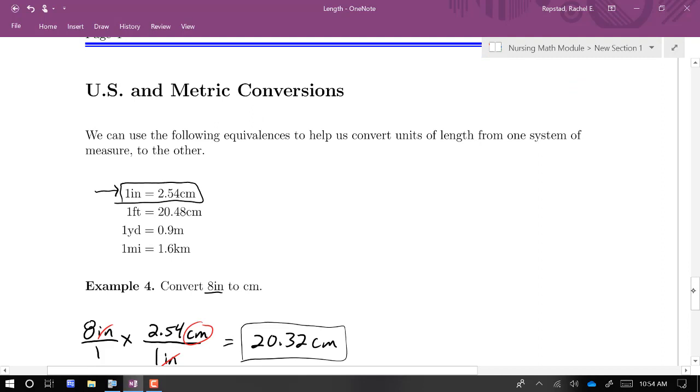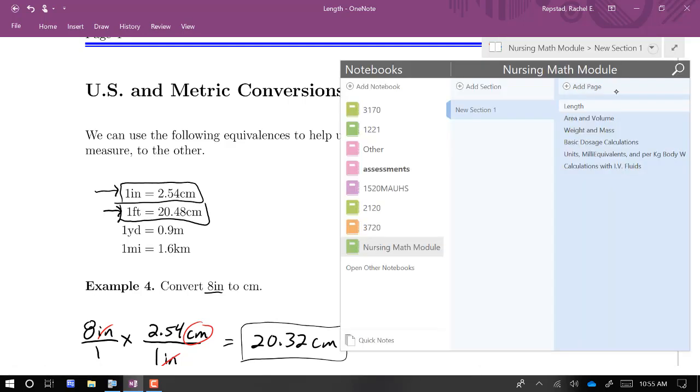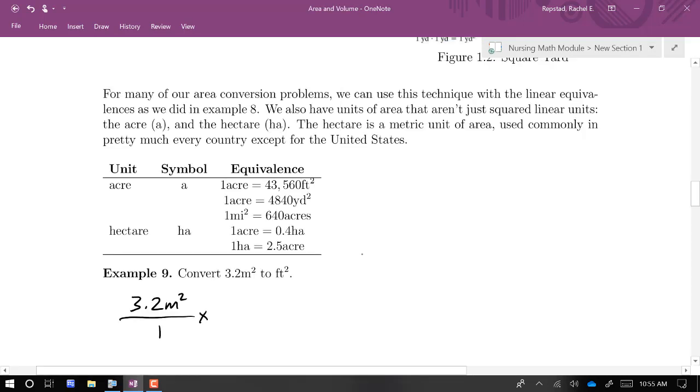So there's no feet to meters perfectly listed here. I could do this a couple of different ways. I guess maybe it'll be faster if I go from feet to centimeters first. So 1 foot is 20.48 centimeters.